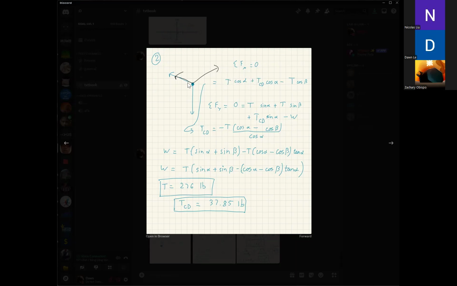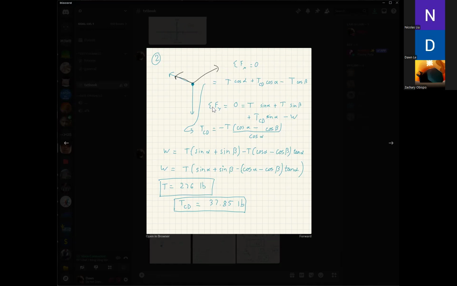Alpha is the angle to the normal from the black line, and beta is the angle from the other one. I didn't label it, but yeah. We also have Fy equal to 0, which is net force in the y direction equal to 0.